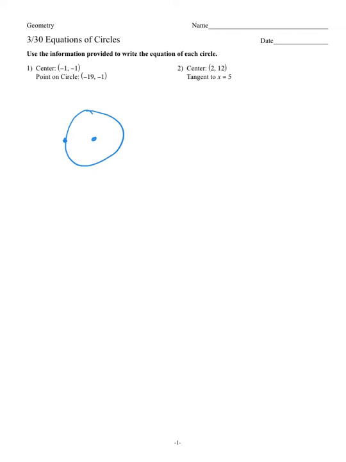So in order to find the radius, I need to find the distance between these two. They already gave you the center of the circle, so you already have h and k. H is -1, k is -1. And now we just have to find the distance between those 2 points to find the radius of the circle.